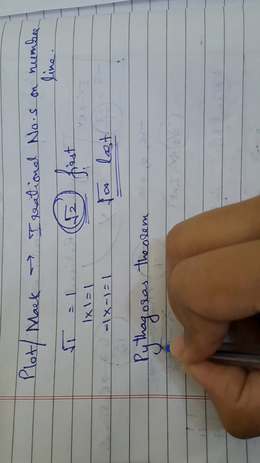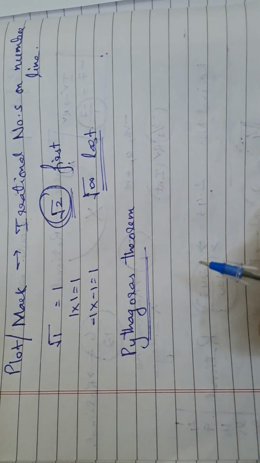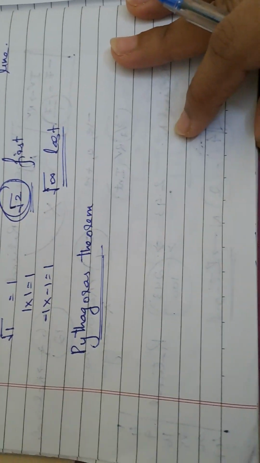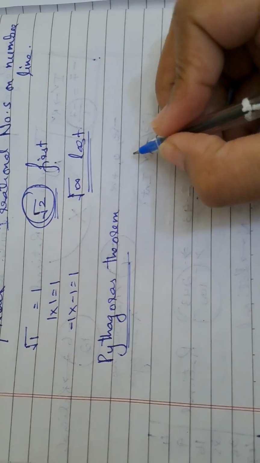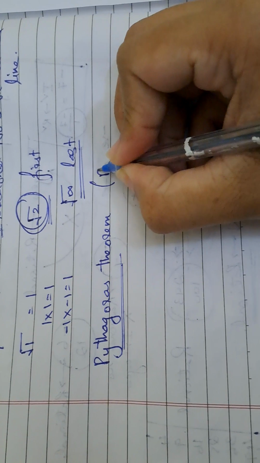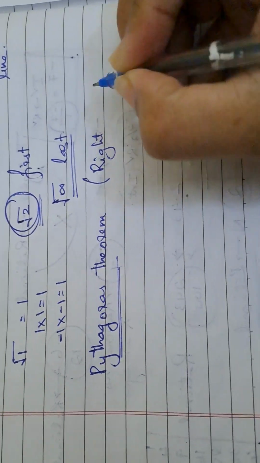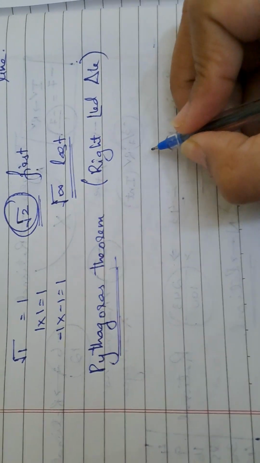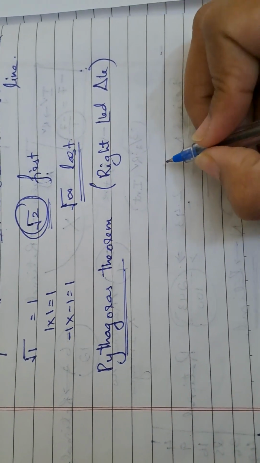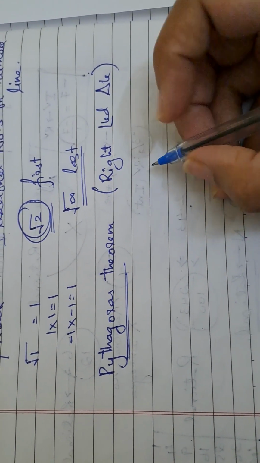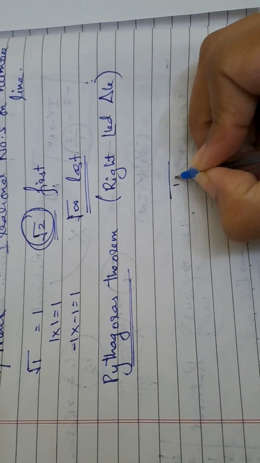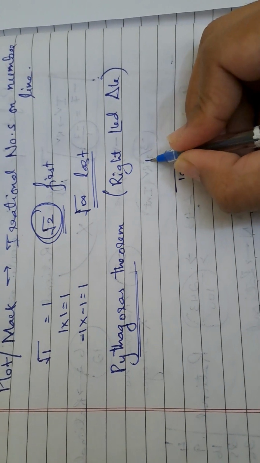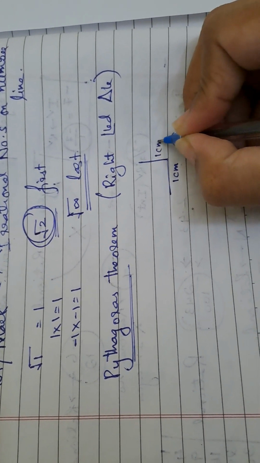Okay, what happens in the Pythagoras theorem? In the Pythagoras theorem we usually consider right angled triangles, or right triangles. Suppose I draw a 1 centimeter sleeping line and a 1 centimeter standing line.